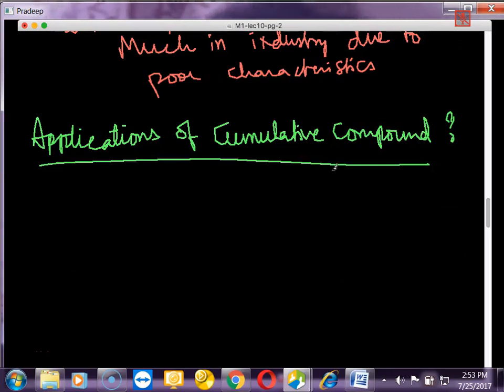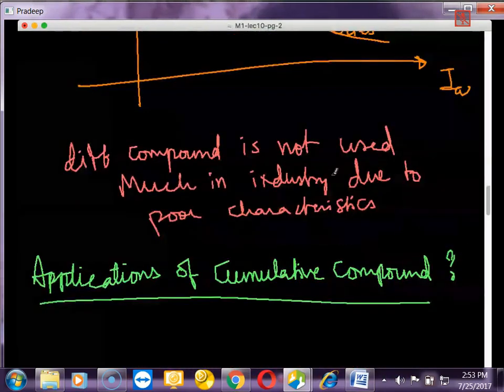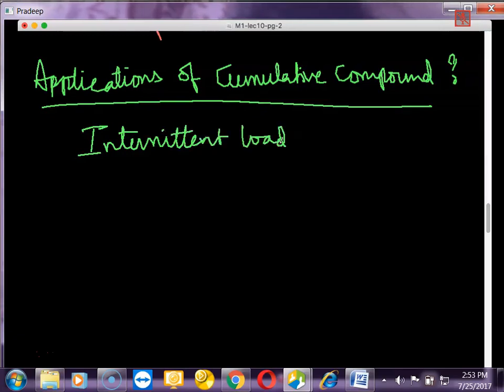So the speed is constant, but not that much constant, slightly variable. So it is useful for intermittent loads, or in other words, sudden loads.